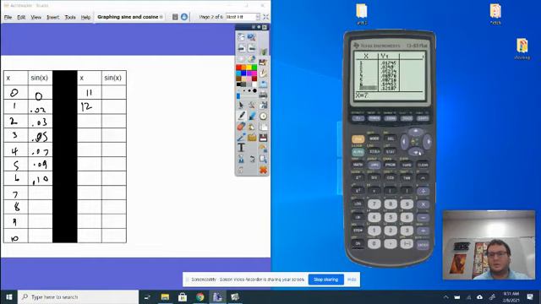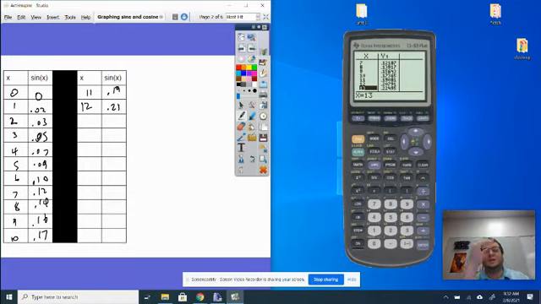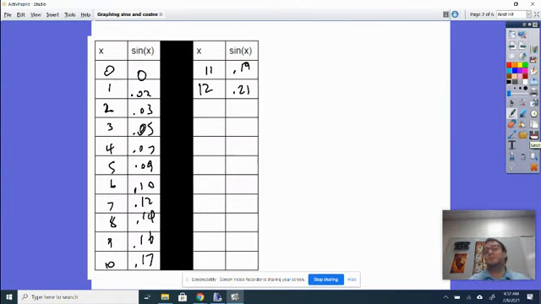Scroll down, get the other ones we need. 0.12, 0.14, 0.16, 0.17, 0.19, and 0.21. Okay, so it looks like most of these are going up by about 0.01 or 0.02 each time.